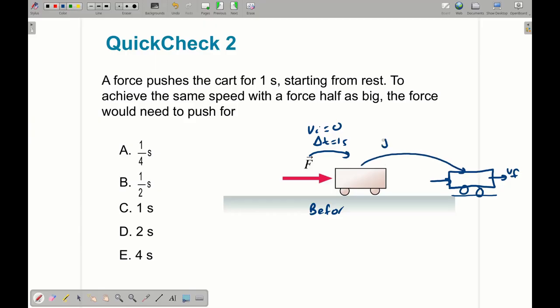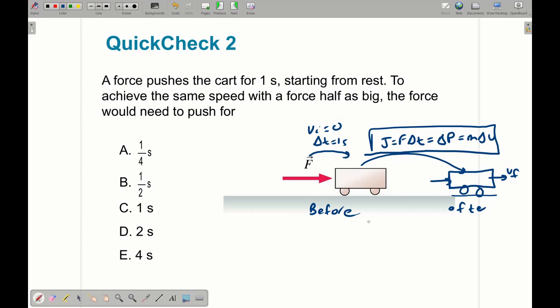Because we have J, which is F delta T, and that's equal to delta P, or M delta V. These are all equal to each other. If an equality like this holds, each of them holds separately, and you can use them. So what's going to happen shortly? Simply, I'm going to say F delta T is equal to M delta V. That's the most useful one if I'm looking for velocities.